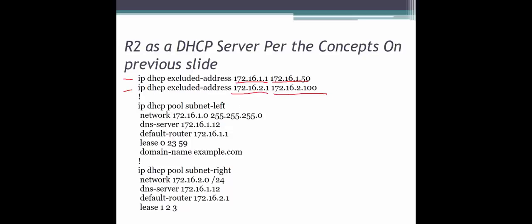So now we set up our pools. We do ip dhcp pool with the appropriate name, the network, subnet mask, DNS, default router or default gateway, lease time in days, hours, minutes, and a domain name. Same steps for our second pool.